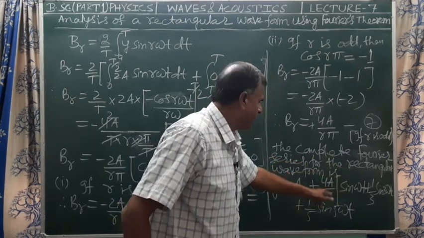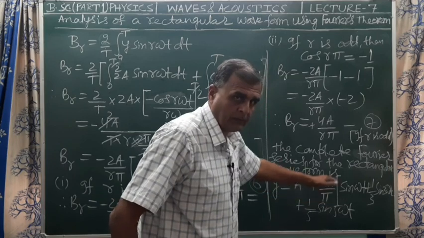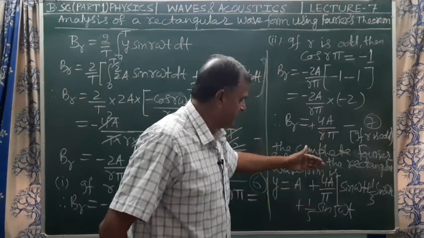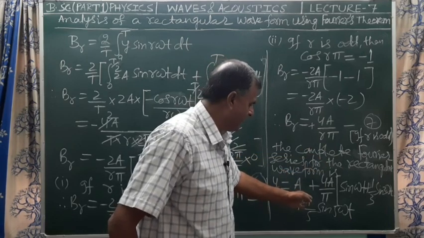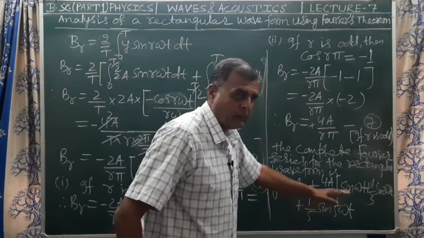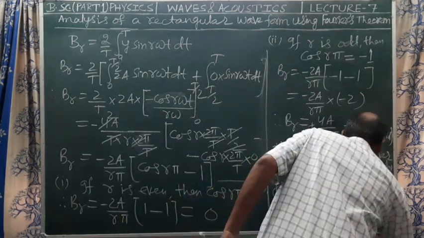but 4a upon pi is common, 4a upon pi common है, इसलिए r का वैल्यू जब 5 सपोज किया जाएगा तो ब्रैकेट के अंदर 1 by 5 जो थर्ड टर्म होगा 1 by 5 sin 5 omega t and plus so on.